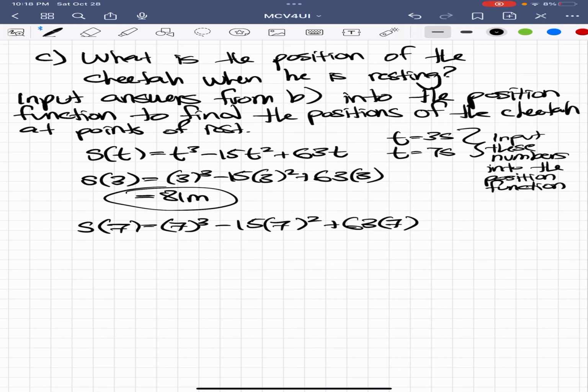Seven to the power of 3 minus 15 brackets 7 to the power of 2 plus 63 times 7, 49 meters, and we'll circle it.